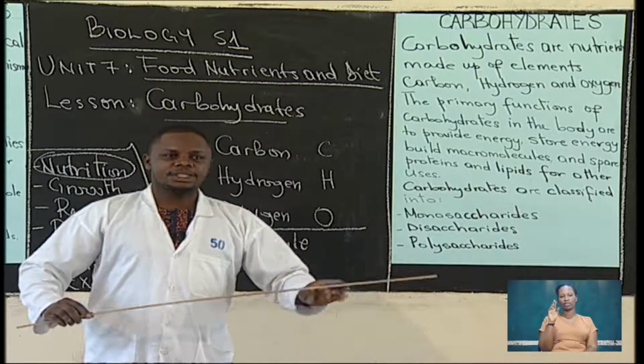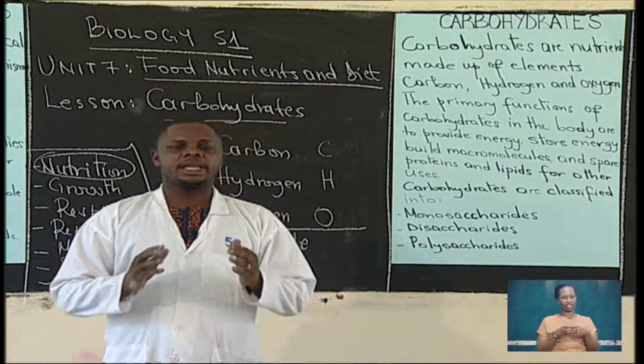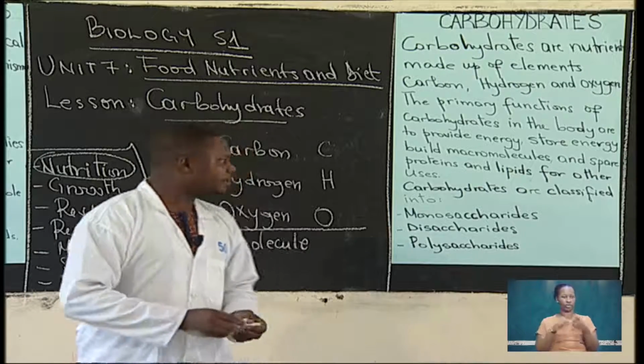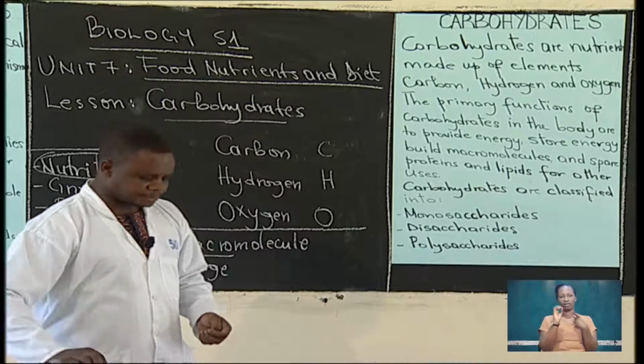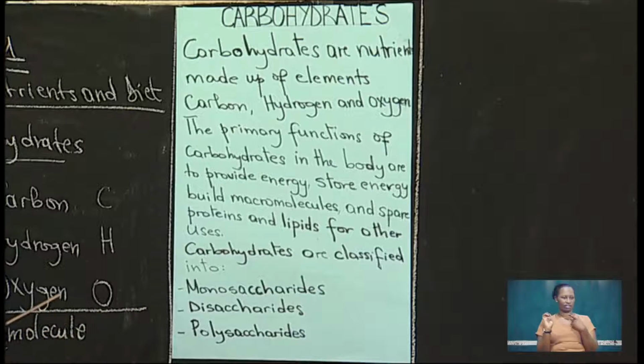Carbohydrates are classified in three main categories. One of them is monosaccharide. Another one is disaccharide. And the third one is polysaccharide.